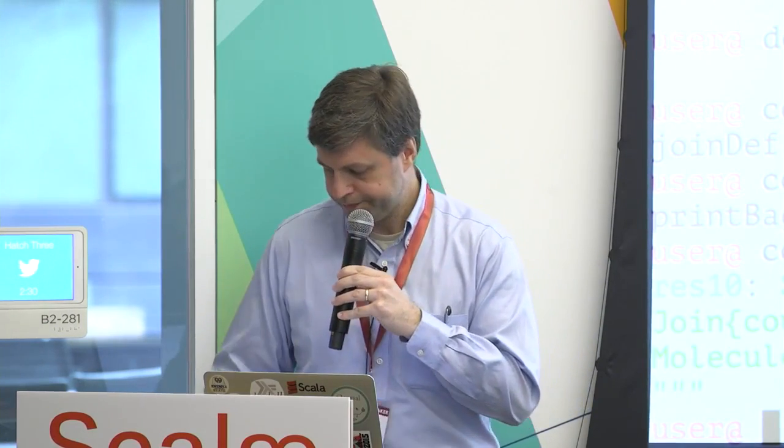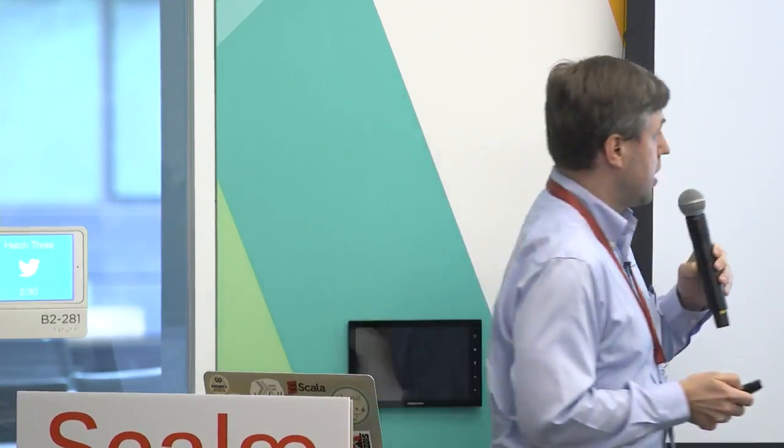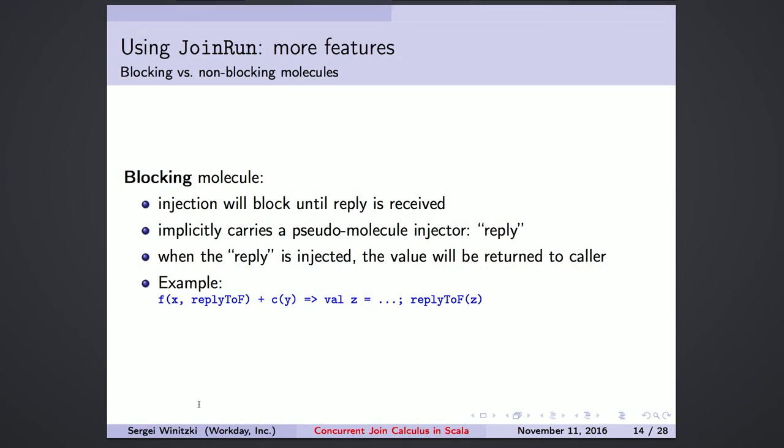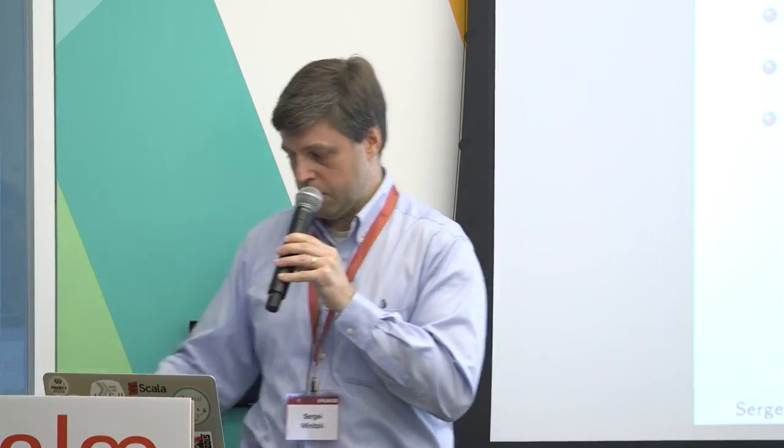But let me continue. A very important feature that remains to be discussed is the blocking molecule feature. So far, what we have seen was all non-blocking. So these molecules react at some time, we don't know when, and the result is floating around, we don't know where it is. This is not sufficient to implement arbitrary concurrent tasks. What is missing is the blocking molecule.